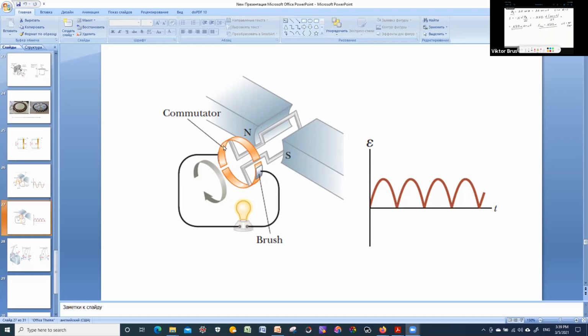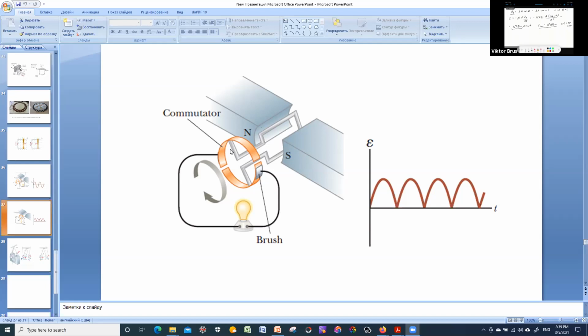However, instead of using for each terminal of this metal conducting frame its own current collecting ring, a special device called a commutator, formed by two isolated halves of a current collecting ring, is used.